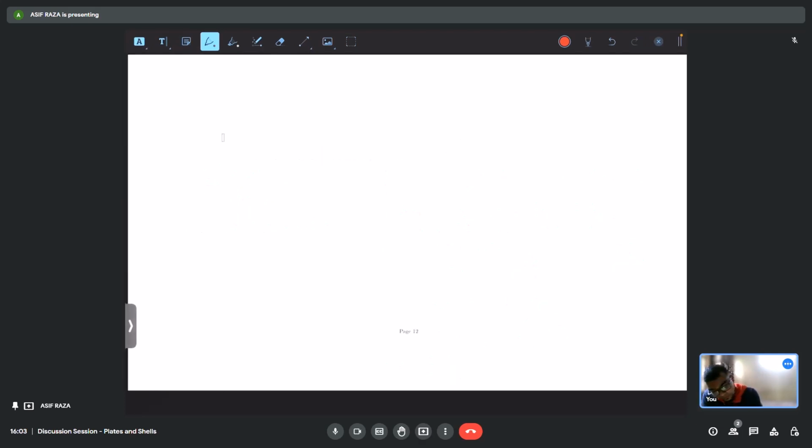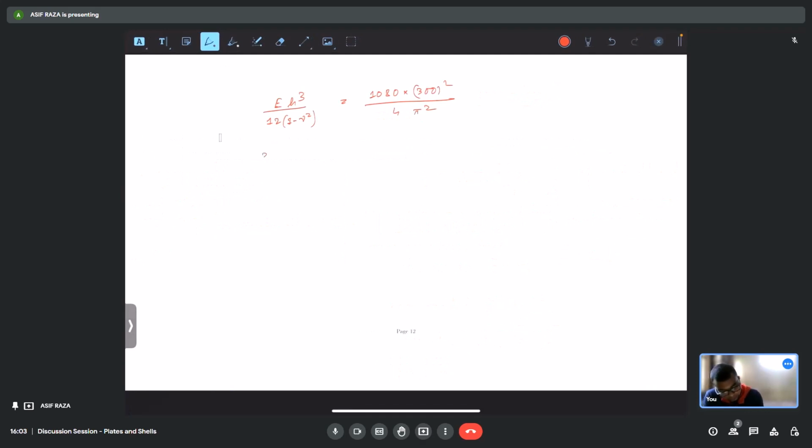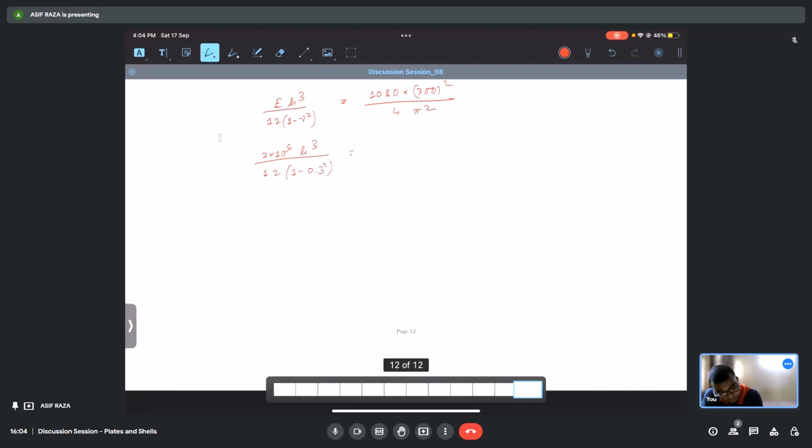This will give me E h³ / (12(1 − μ²)) equal to 1080 × 300² / (4π²), and E value is 10⁵. We need to find the h value, with μ equal to 0.3.